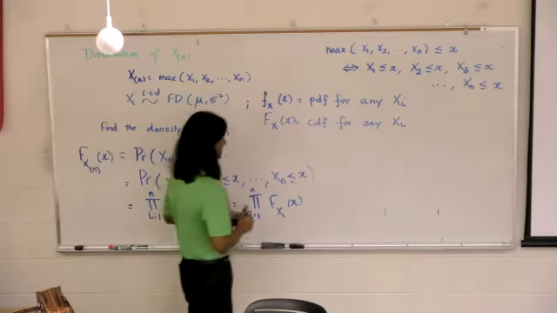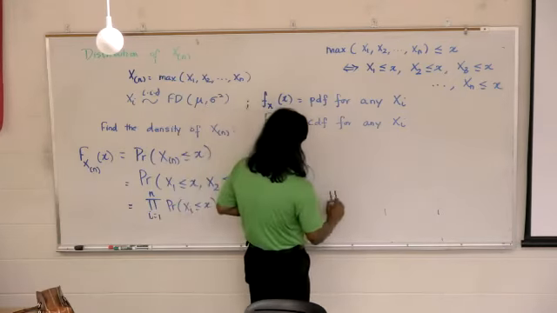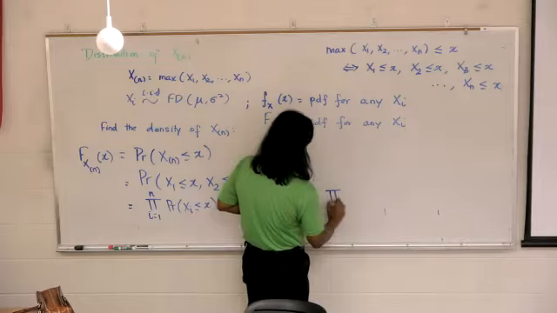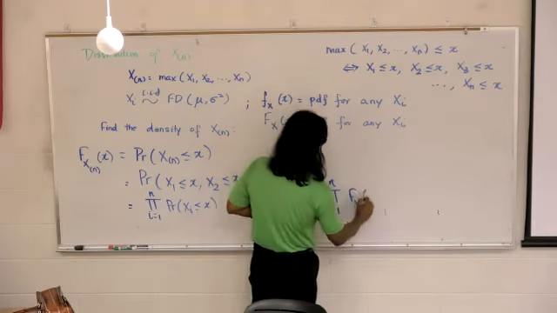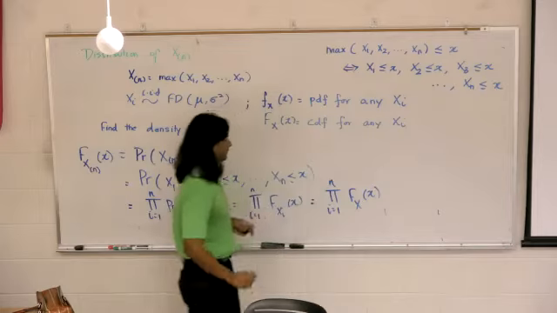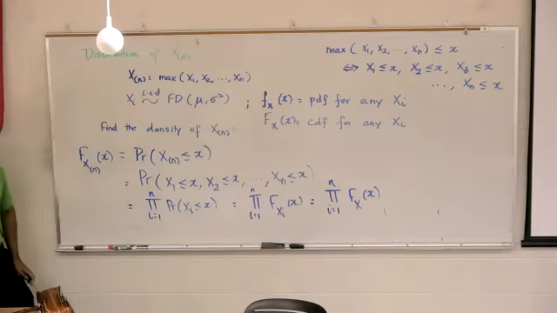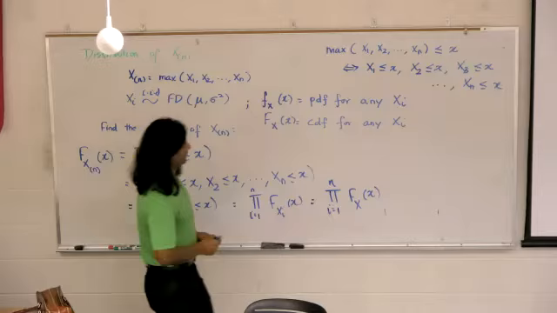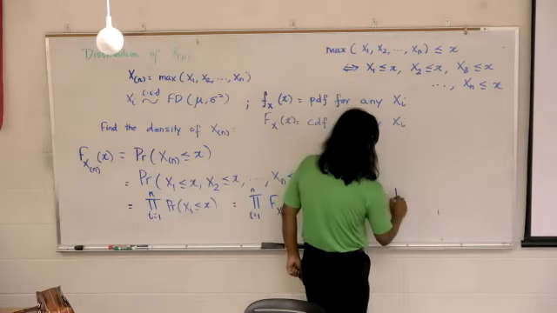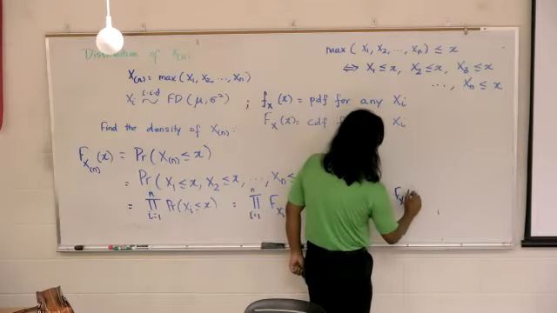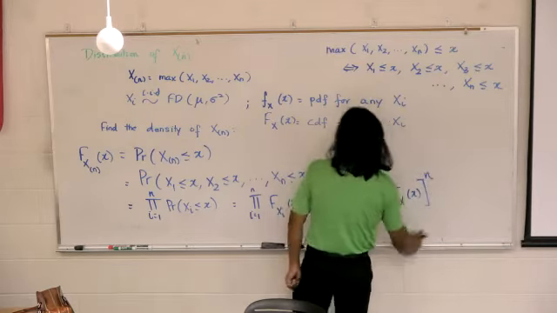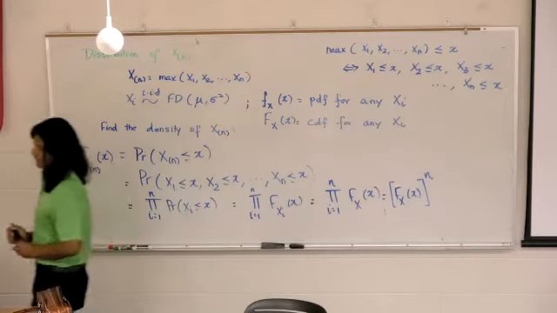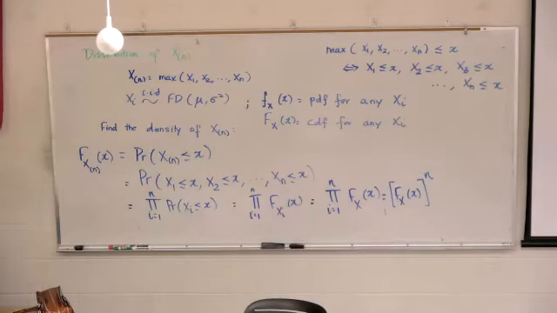So I can drop the index, and that would simply reduce to F_X(x) raised to n.